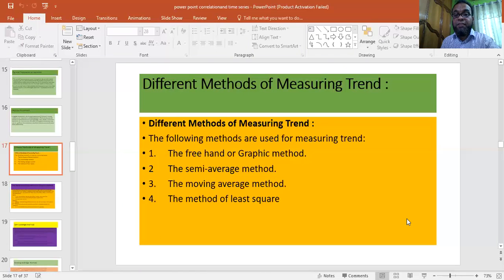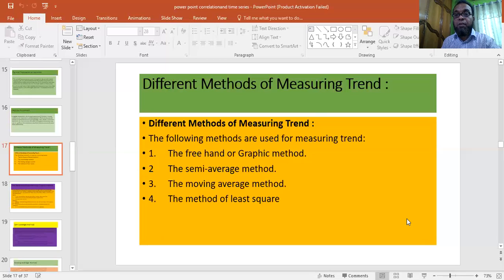But this is a method for measuring trend. So if anybody asks, or in an MCQ it is given how many methods, you should write 4 methods.